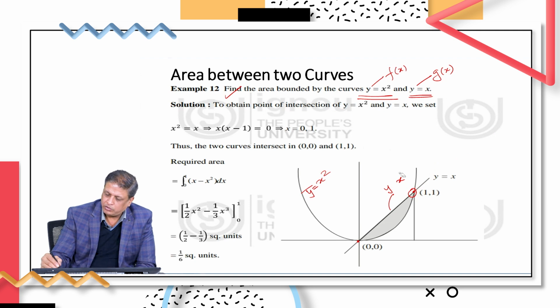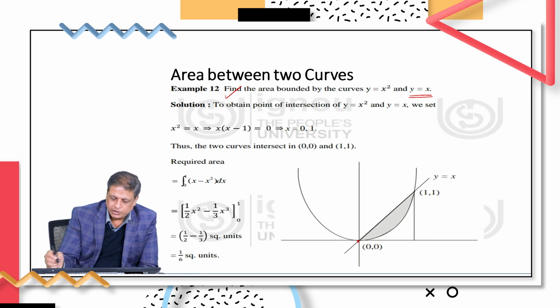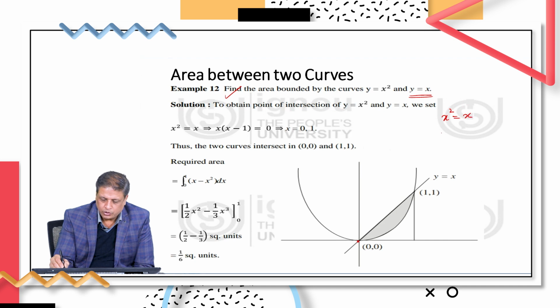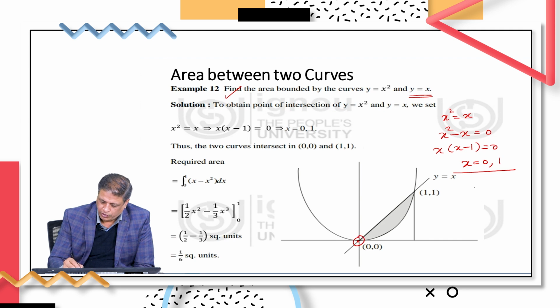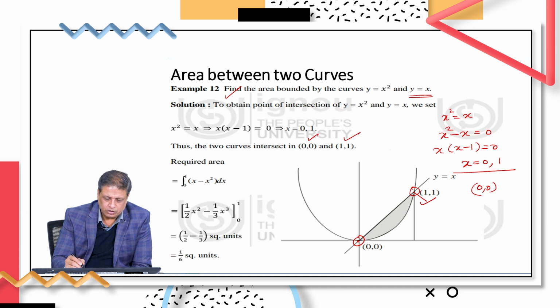Substituting x square = x, that means x square minus x = 0, that is x into (x minus 1) = 0. That means for x = 0 and x = 1, this equation will be satisfied. So one point of intersection will be (0, 0) and the other point of intersection will be (1, 1). This is how we got the two values.